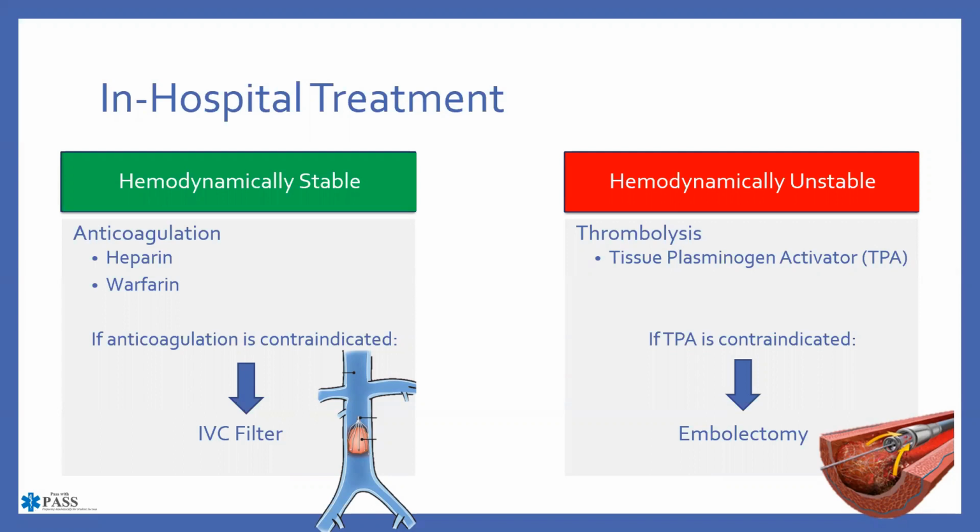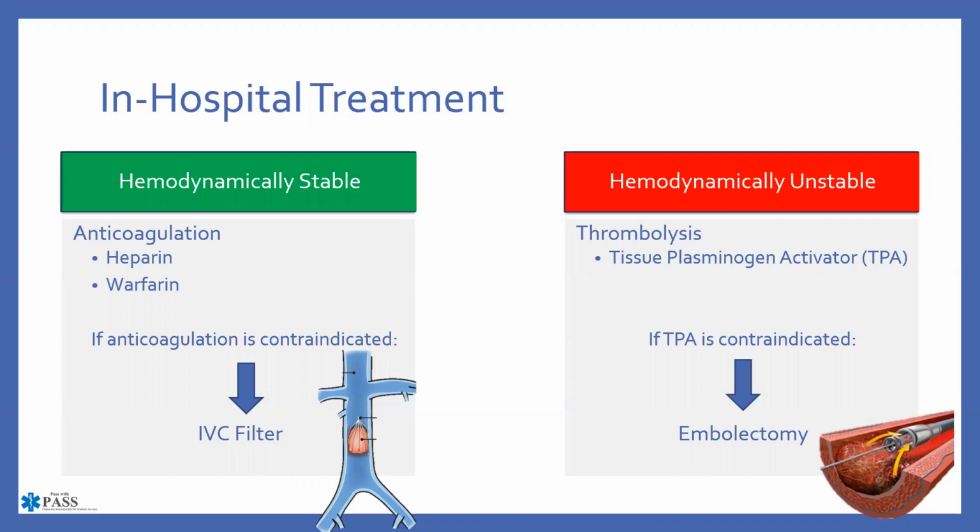They're going to put a filter in there that allows blood flow to get through, to get back to the right side of the heart, but it is going to prevent any clot that has developed. It'll end up getting caught in that IVC filter. So that is what the inferior vena cava filter is and why we would use it.